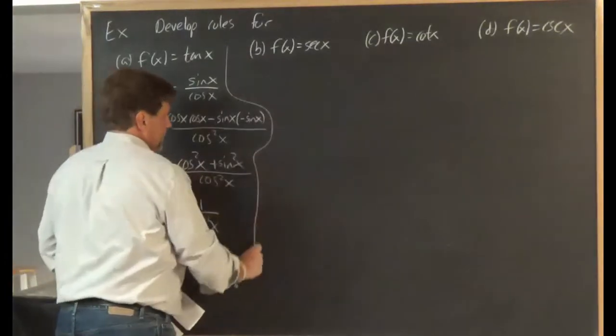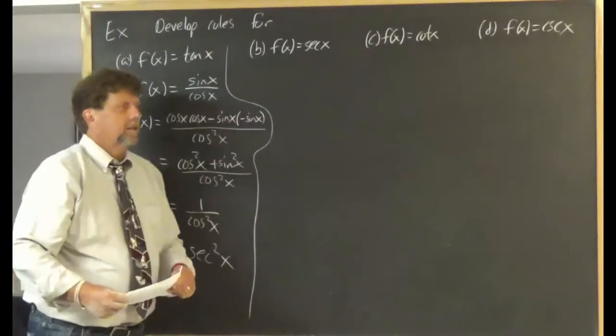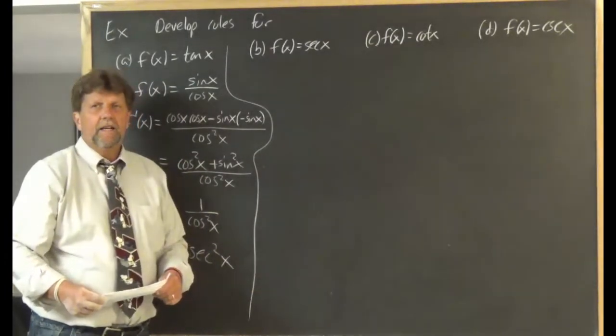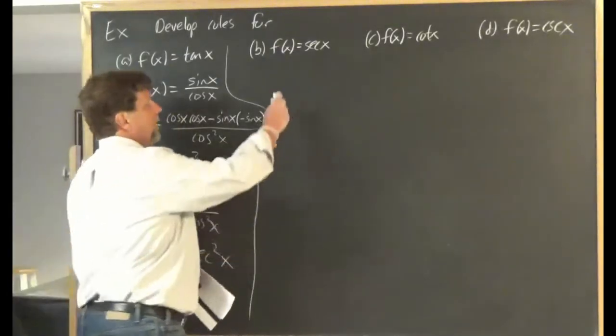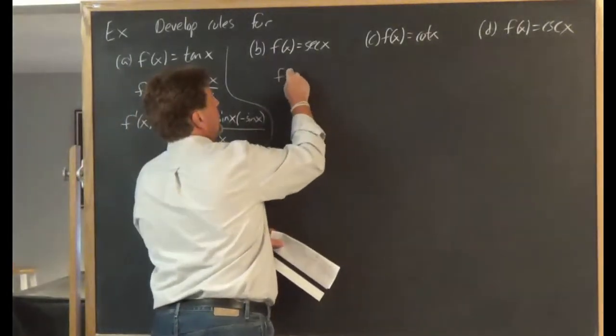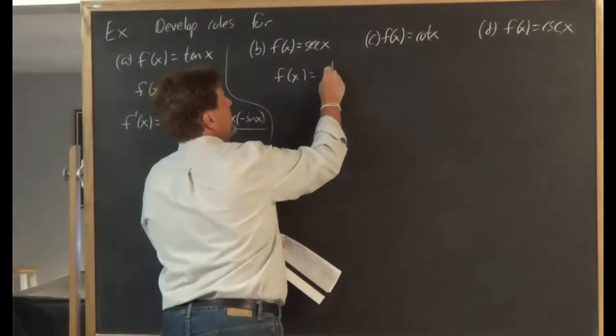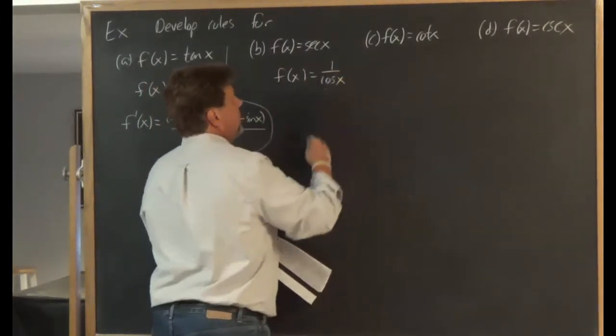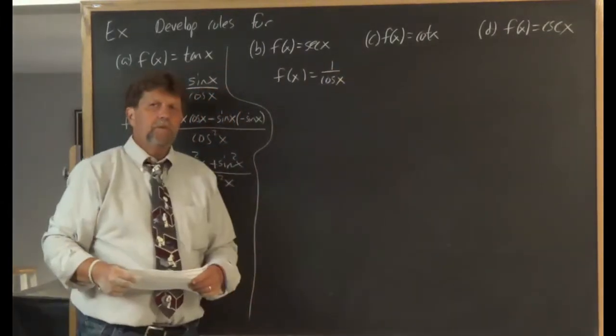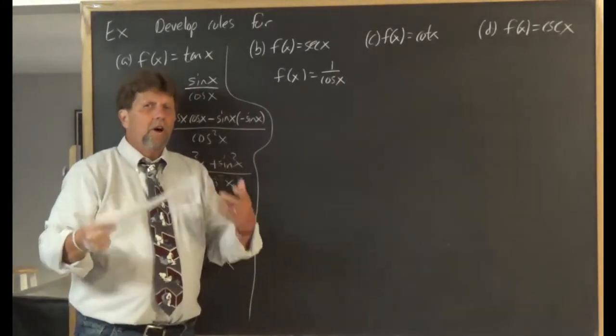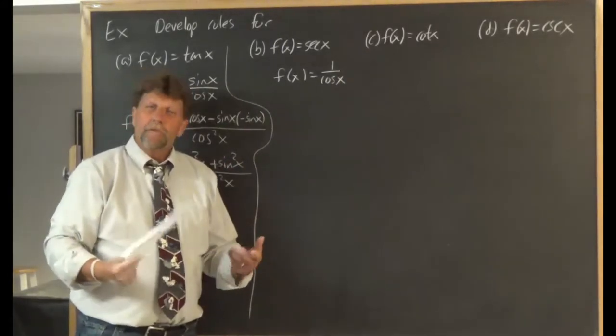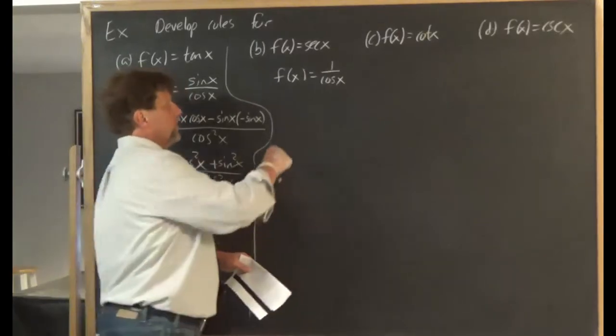Well, let's see what we can do in part B. The function is secant x. Well, maybe a place for me to start here is to rewrite secant as 1 over cosine. Just use a reciprocal identity. Now I know the quotient rule, so why don't I crank this through the quotient rule?